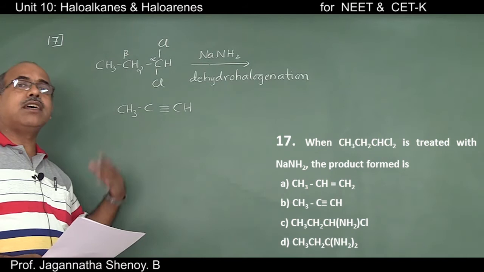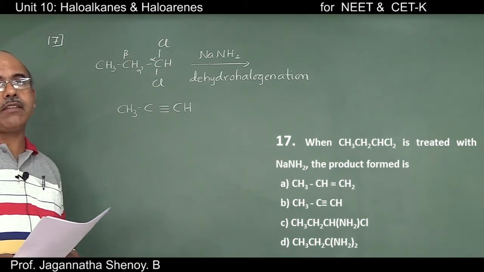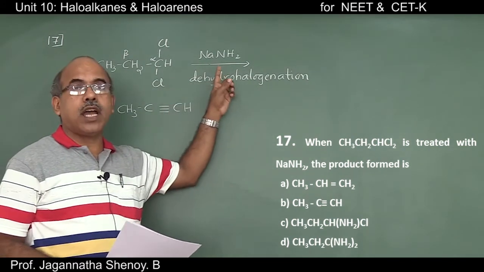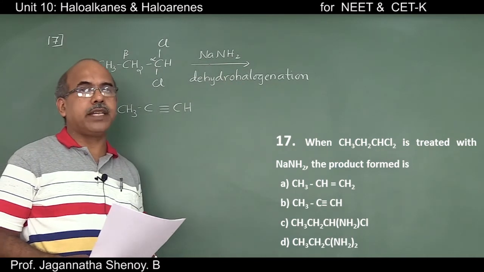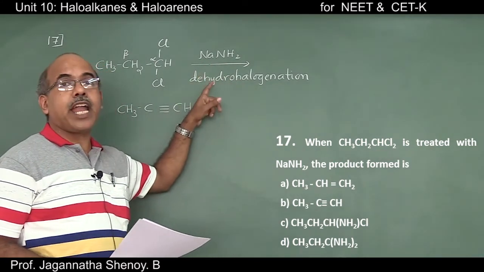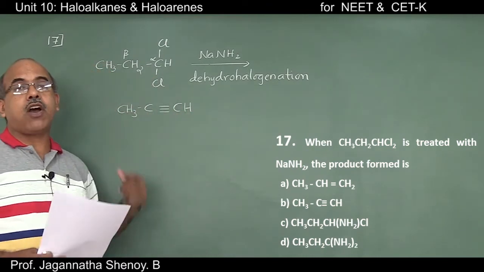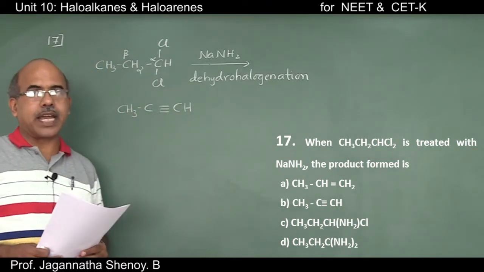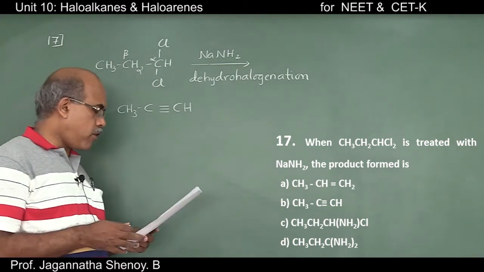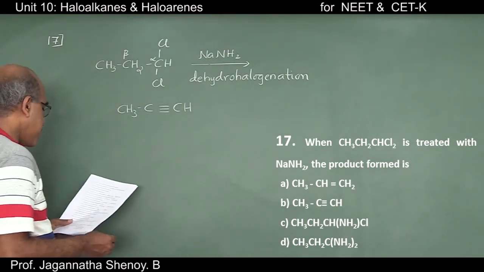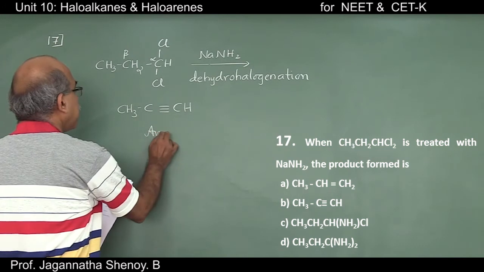Now, if you further want to bring about dehydrohalogenation, we have to go for a stronger base like sodamide. So this brings about dehydrohalogenation twice. That's why this is a method of preparation of alkyne. So answer for question number 17 must be option B.